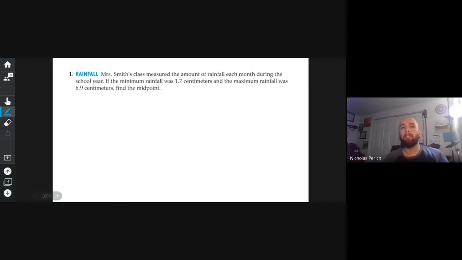Okay. When Mrs. Smith's class measured the amounts of rainfall each month during the school year, the minimum was 1.7 centimeters and the maximum rainfall was 6.9 centimeters. Before you rack your brains trying to find what's exactly in the middle of 1.7 and 6.9, what you need to do is take those 2 numbers, exactly what Santiago said.